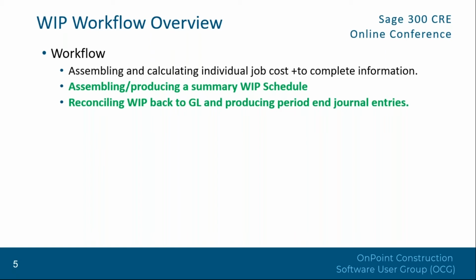So if all you can take away from what I'm going to show you is this first part, then I think that we probably have had a good day, because most of the time what I'm going to try to show you is that you can get most of that information from Sage without having to retype it in. Okay. The reconciling WIP is secondary. It's still very important, but you can do the first without having the second.